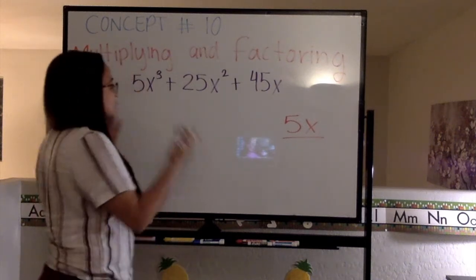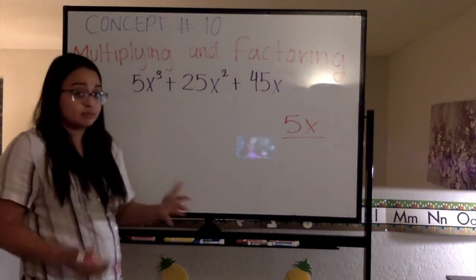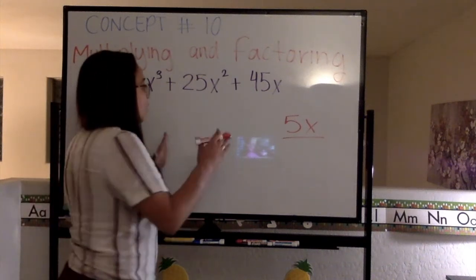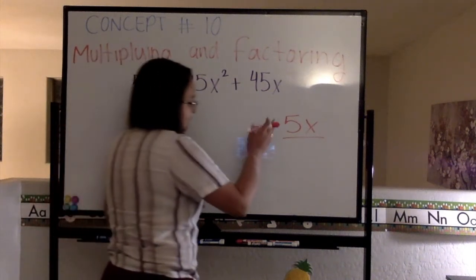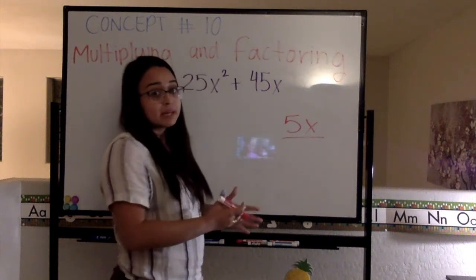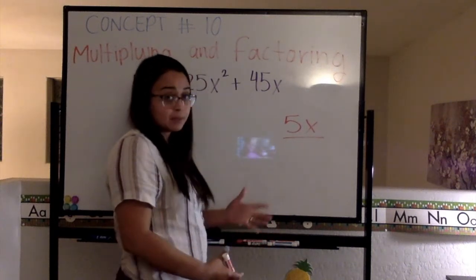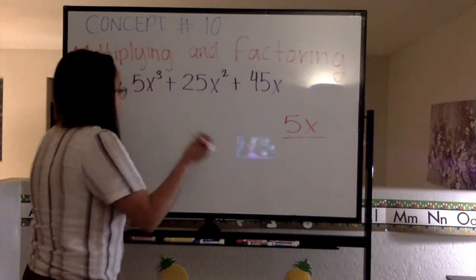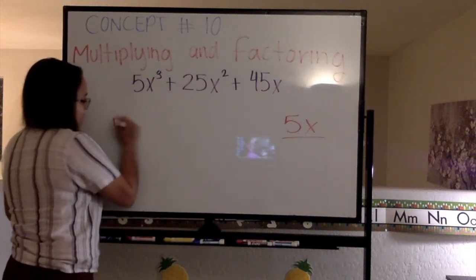Now, let's write the polynomial in factored form. How would we do that? We know all of them have a 5 in it, and it's multiplied by another number, maybe not. Okay? So, we're going to have 5x on the outside.